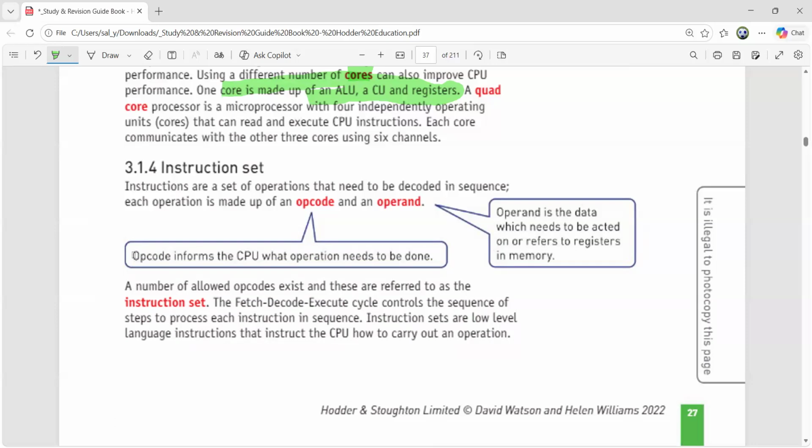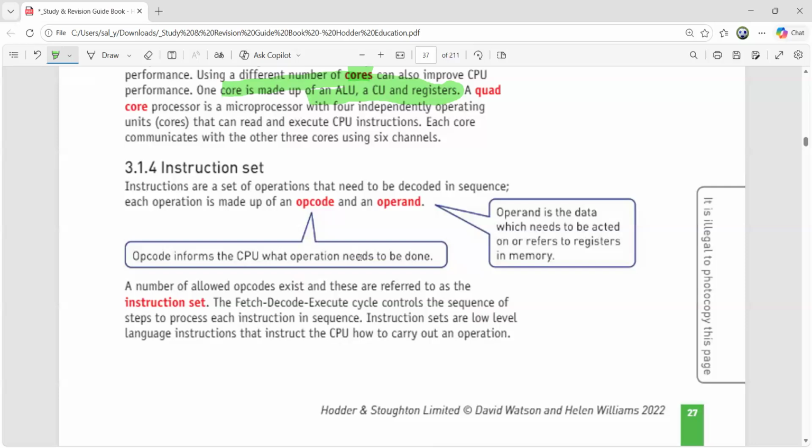Again, opcode informs the CPU what to do, what operations need to be done. Just like the action, just like the verb. An operand is the data which needs to be acted on, or it refers to the registers in the memory. So just giving an example, if I say run, run is going to be opcode because you are telling what is supposed to be done.